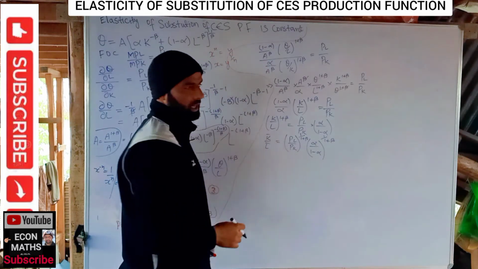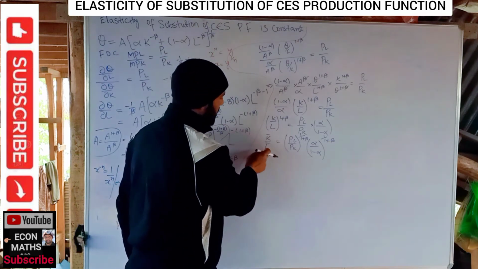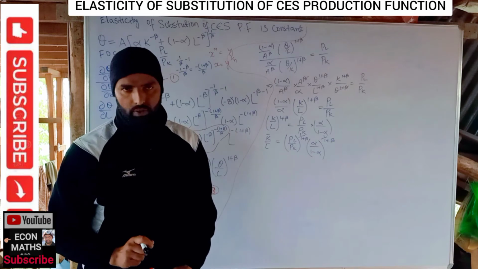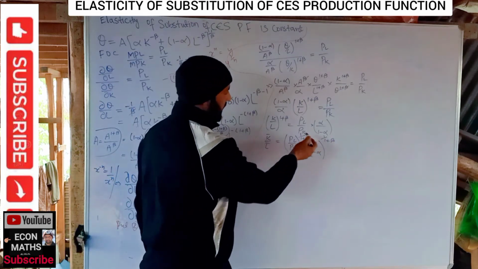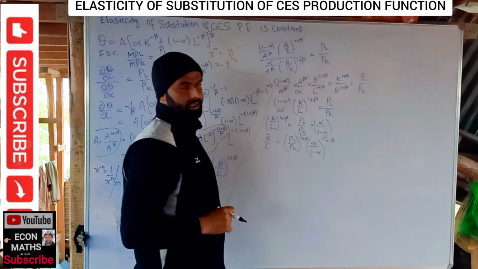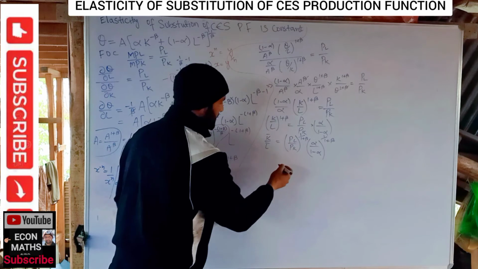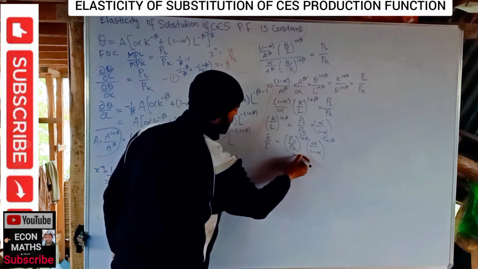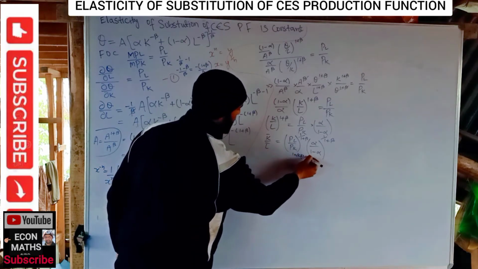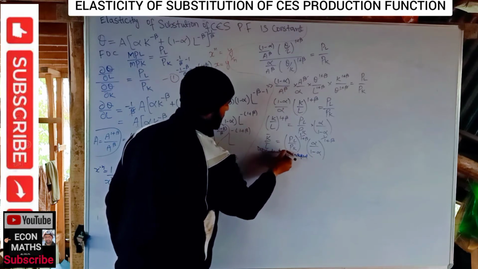I have taken the bar on K and L to show that this is the dependent variable and this is the independent variable. Since alpha and beta are constants, the capital labor ratio is a function of the input price ratio. This is the independent variable, and this is the dependent variable.